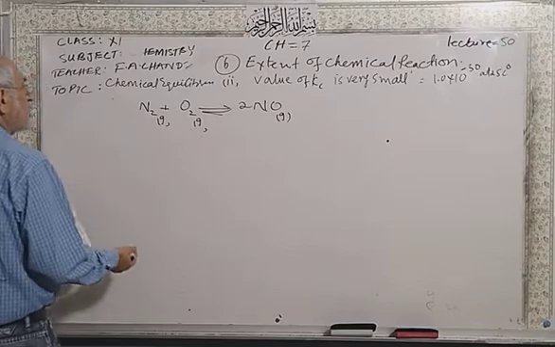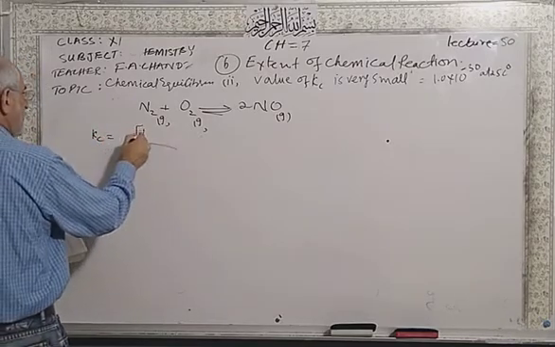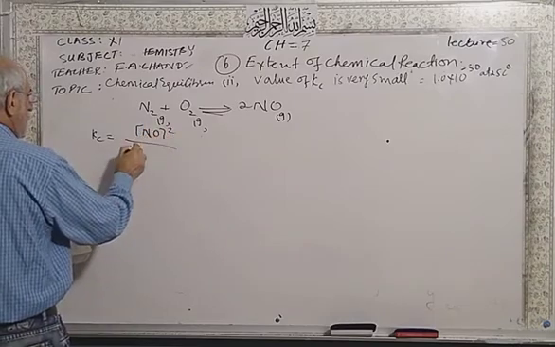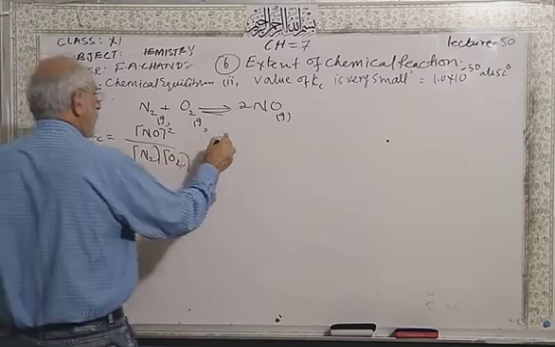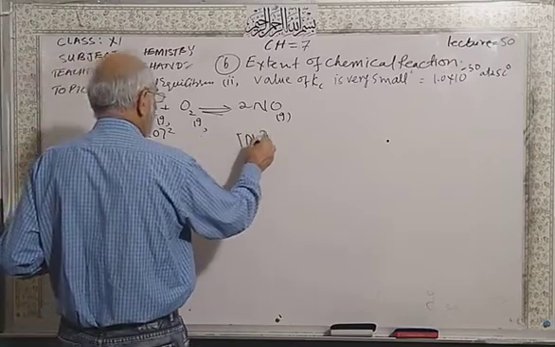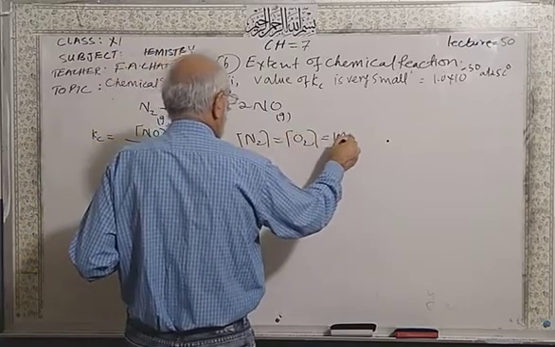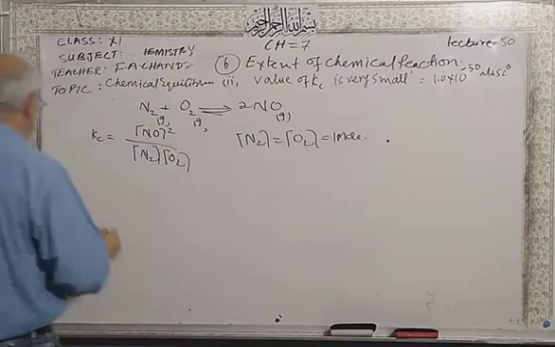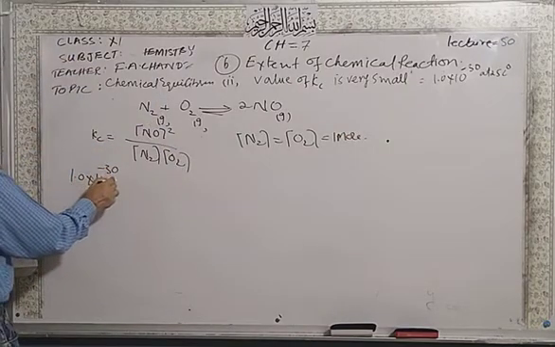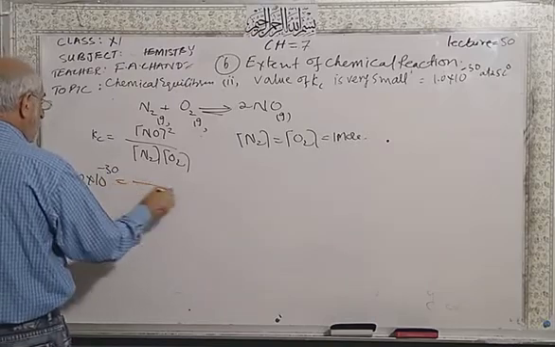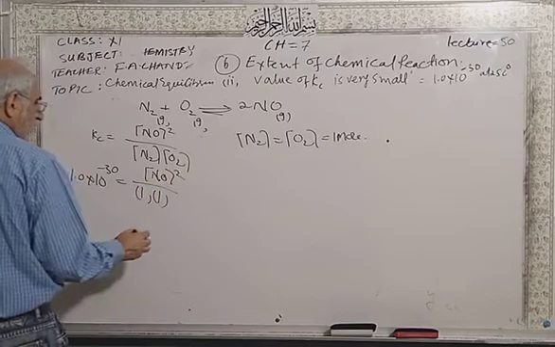The same procedure: Kc is equal to concentration of the products divided by concentration of reactants, and if concentration of reactants nitrogen and oxygen are 1 mole, then Kc is 1.0 into 10 to the power minus 30, equal to the concentration of nitric oxide, and 1 here and 1 also here.